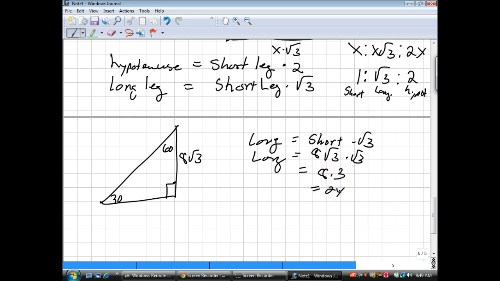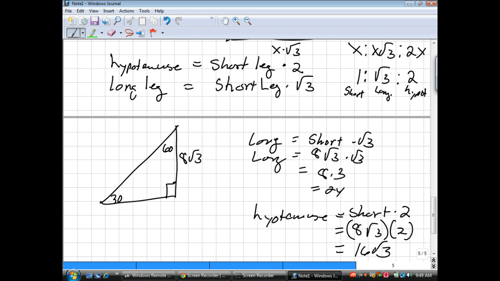Okay, so the long leg is going to be 24, and the hypotenuse is equal to the short times 2. So it's going to be 8 square root 3 times 2, or 16 square root 3. So the hypotenuse has a length of 16 square root 3. So this is 16 square root 3, and this is 24.